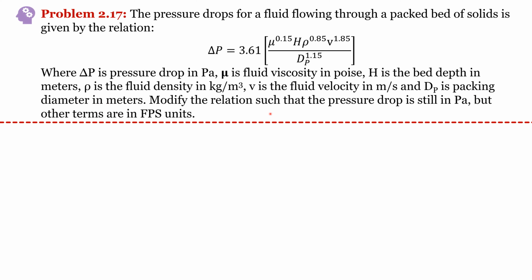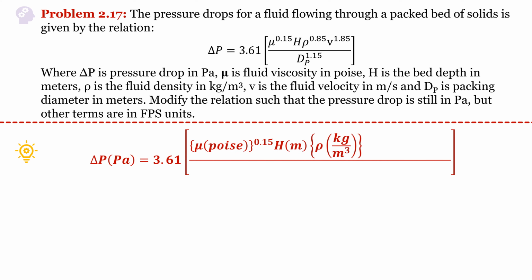Now modify the relation such that the pressure drop is still in Pascal but the other terms are in FPS units. So we simply need to find the equivalent expression for mu, h, rho, v and dp in terms of FPS units.